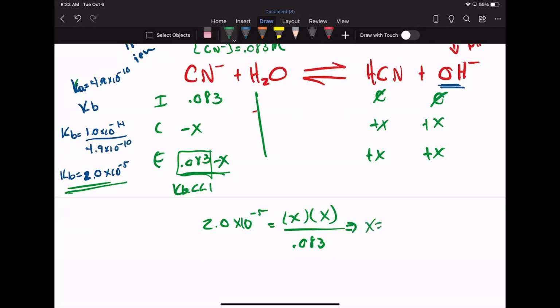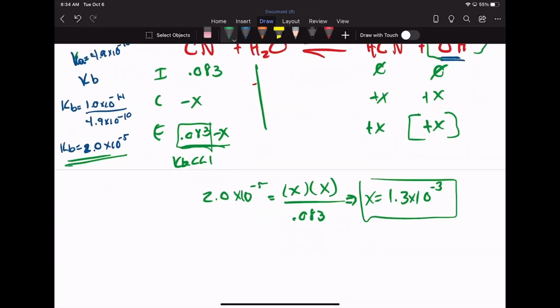So here, x is going to equal 1.3 times 10 to the minus 3. Well, that's what x is. So I know the concentration of OH minus is equal to 1.3 times 10 to the minus 3.